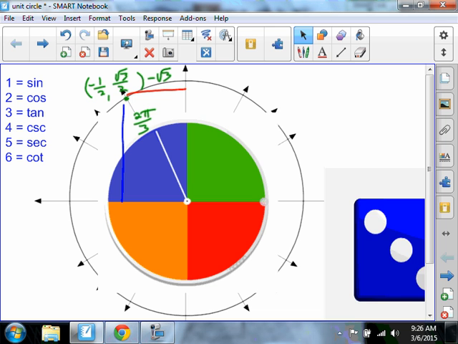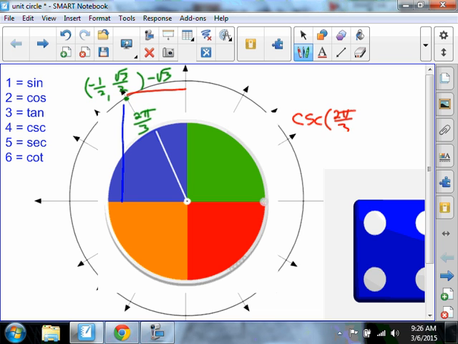Maybe another function comes up. Maybe 4, we're going to find the CSC. So if we wanted to find the cosecant at 2 pi over 3, remember, that's the numeric inverse of the sine, and the sine is the y coordinate.